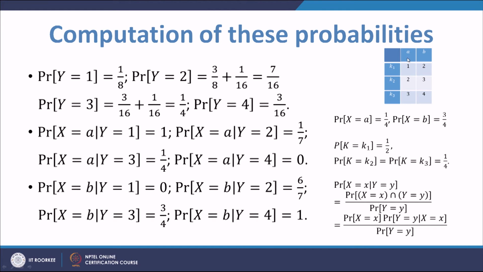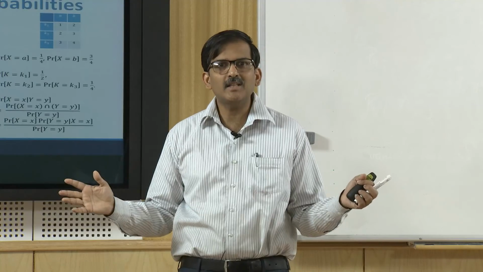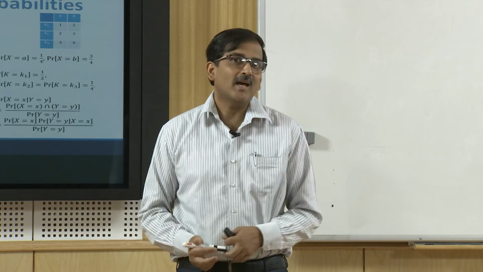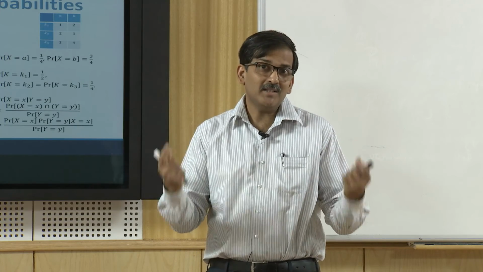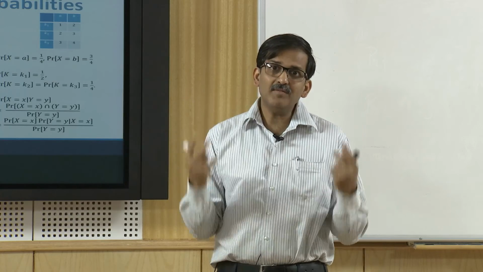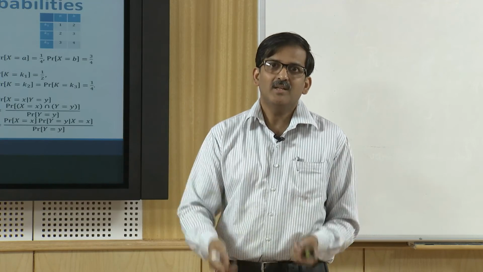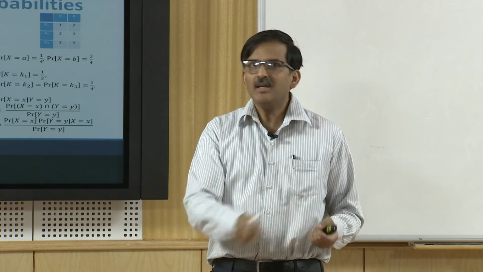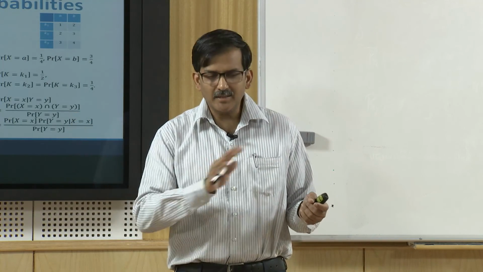So, we can in fact forget all the formulas that I have discussed just before this, and understand that I get cipher text Y equal to 1 if key is K1 and plain text is A, and never otherwise.